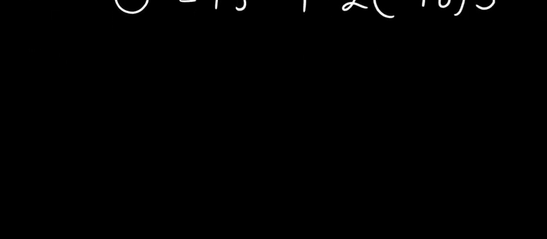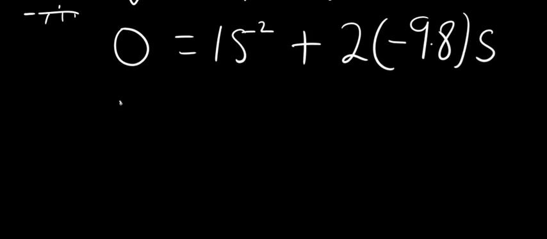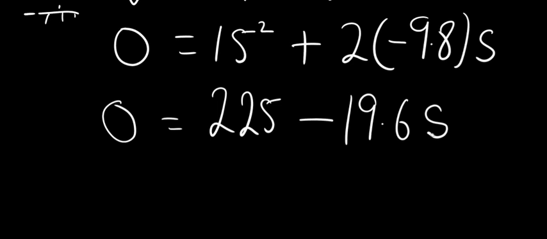So this will now be 0 is equal to 15 square, which is 225, plus 2 times this, which is going to be minus 19.6 multiplied by the distance.